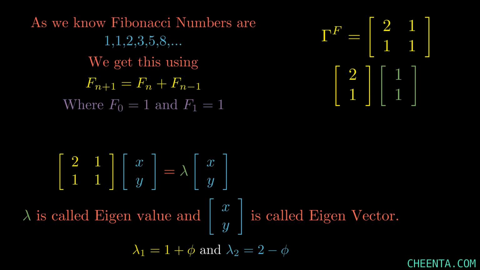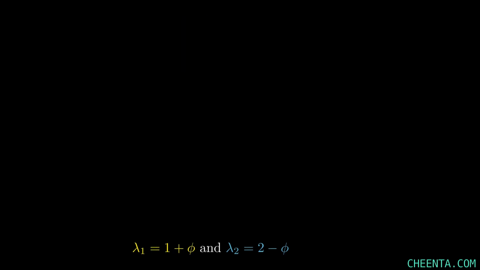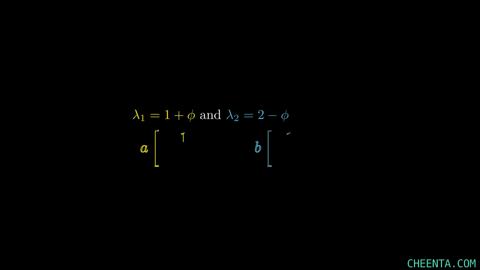If we put these eigenvalues in this equation, we will get infinitely many eigenvectors, and I will represent them using a straight line. Because of 2 eigenvalues we will get 2 families of eigenvectors. The first one is this one and the second one is the blue one. Here a and b are any constants.